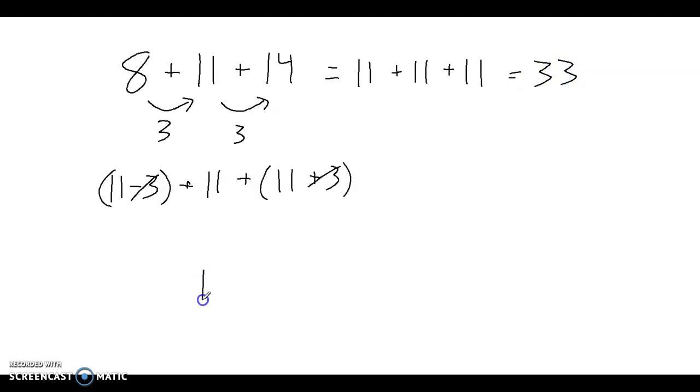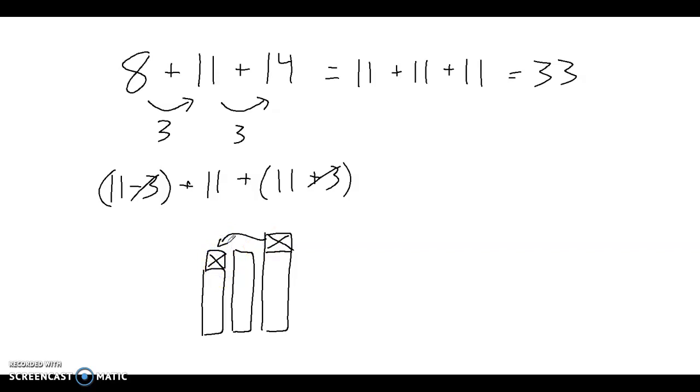You can also see this visually if you have a stack whose height is 8, and then another stack with height 11, and then another stack with height 14. All we're doing is cutting the top off of this one and moving it over here. And now we have 3 11s for a total of 33.